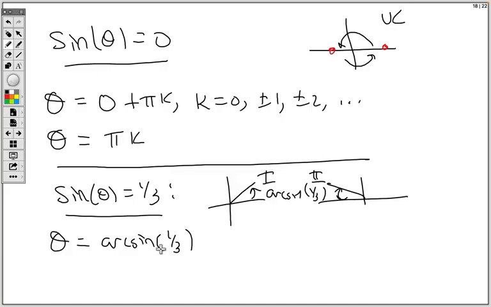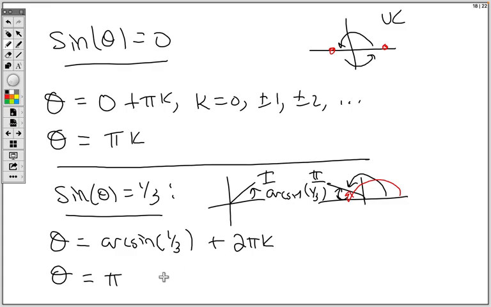So one family of solutions would be arc sine of a third plus any integer multiple of 2 pi. The other, I'd be coming over here, and I need the quadrant 2 angle with a reference angle of arc sine of 1/3. I can visualize that by going halfway around and then backing up.